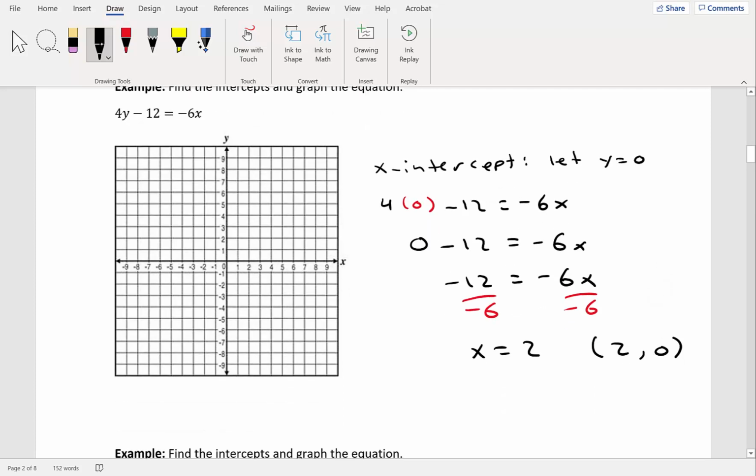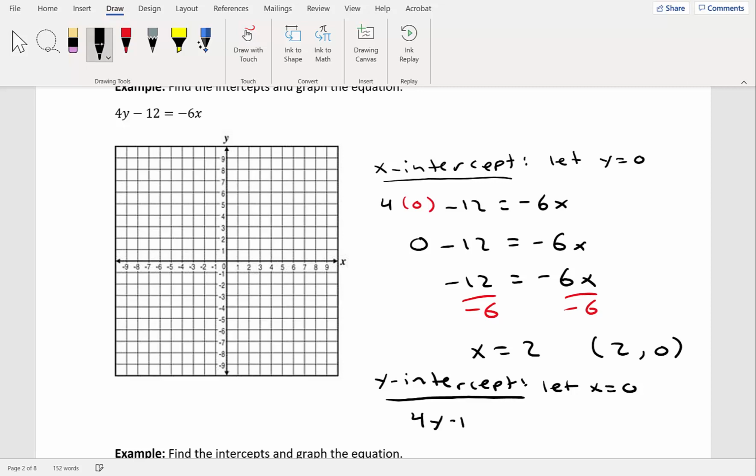Now let's figure out what the y-intercept is. We're going to let x be equal to 0, and then solve for y. So we have 4y minus 12 is equal to negative 6 times 0. Now let's simplify it.